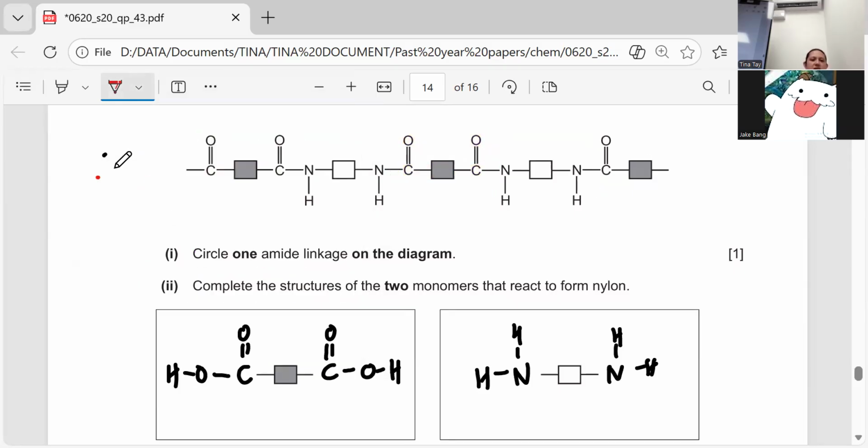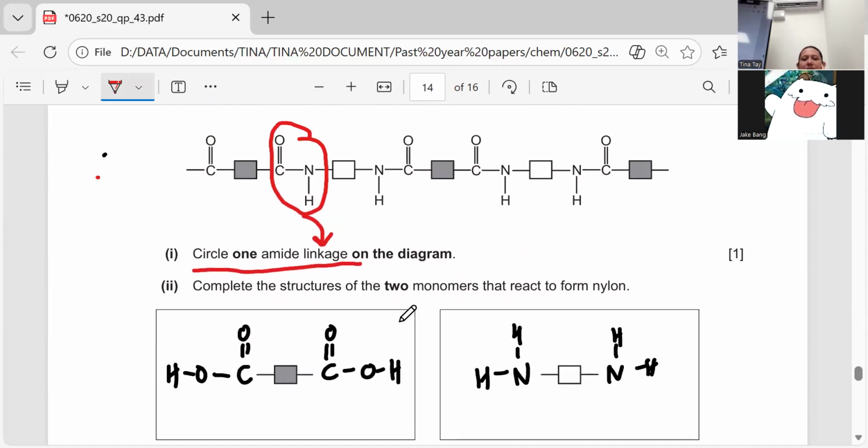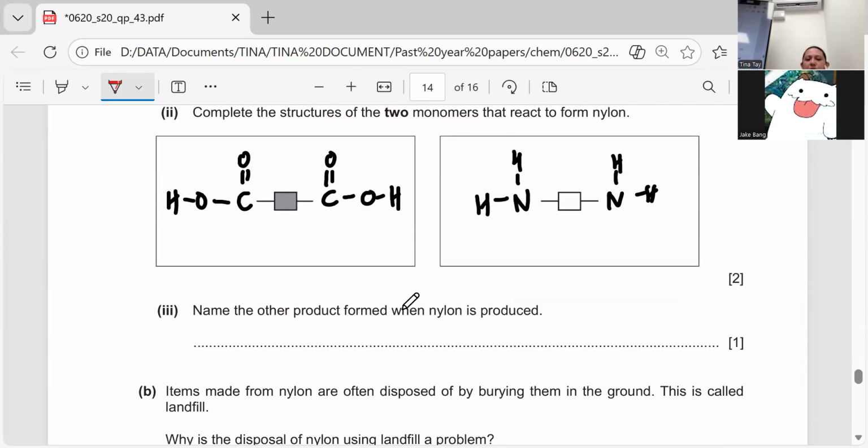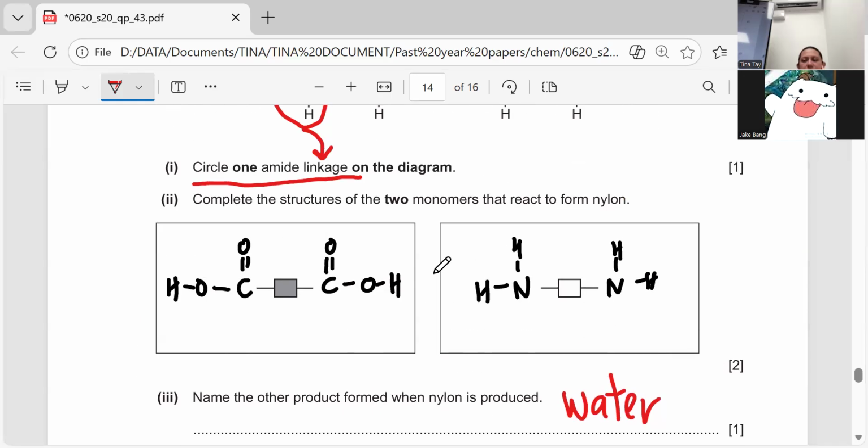The question says, circle one amide linkage. The amide link is this part. Do you understand? When they are linked together, what's the other product that is formed? Water. Because water is removed, that's why it's called condensation. Get it?